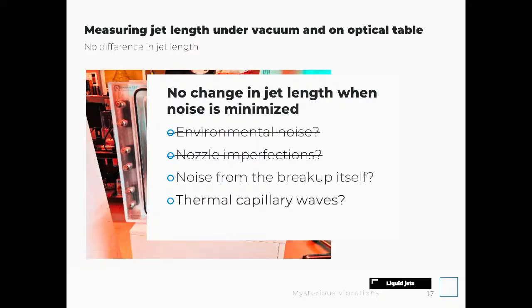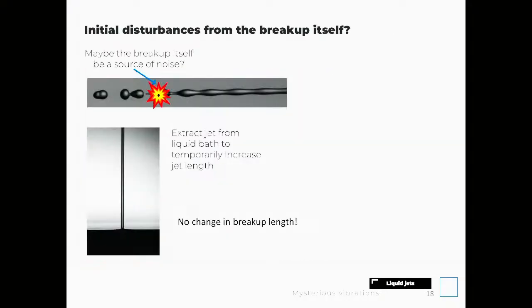Then there was this idea that the drop breaking up here would cause some perturbation that might travel back to the orifice and then create the breakup. We think this is actually a thing, but only very close to the dripping to jetting transition.